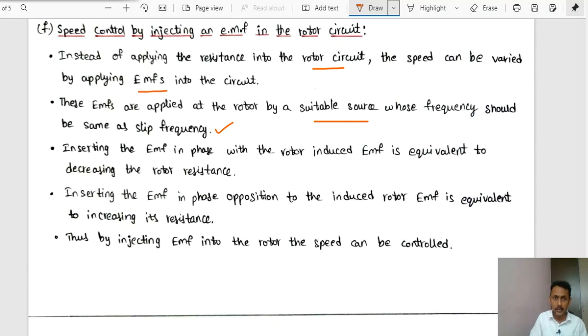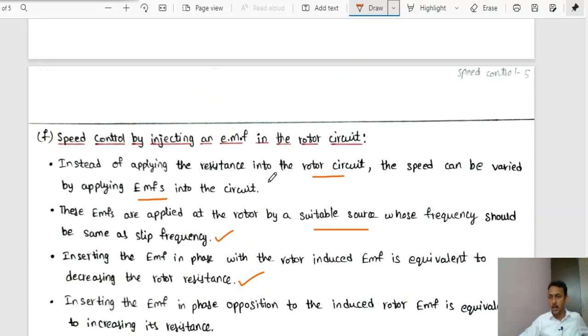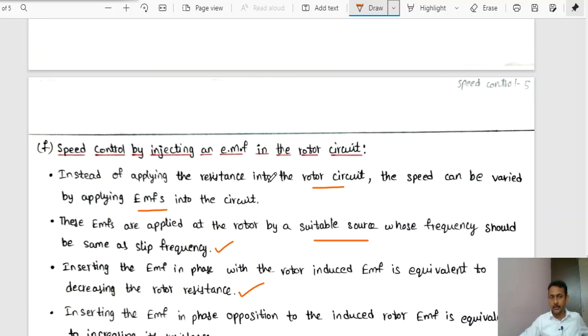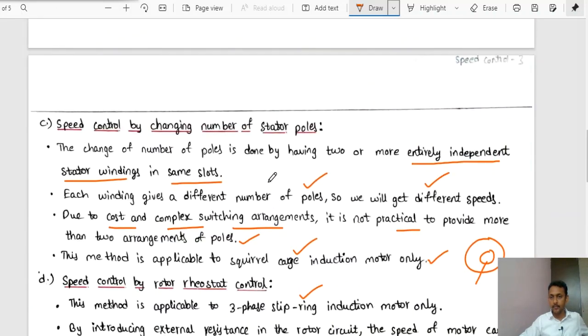Injecting the EMF in phase with the rotor induced EMF is equivalent to decreasing the rotor resistance. So by injecting the EMF into the rotor, the speed can also be controlled. These are the different methods of controlling the speed, right? Clear? Thank you.